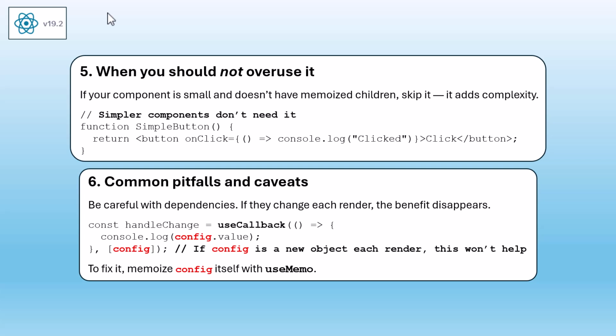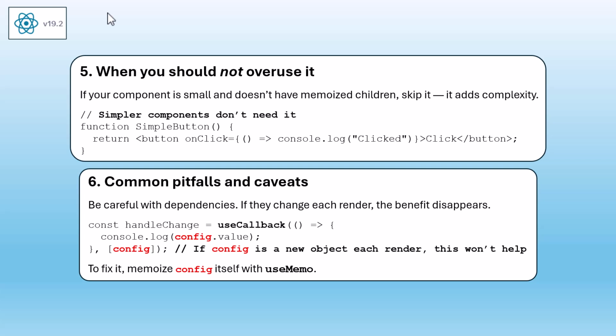Over-memoization can hurt readability and maintainability, and still may not provide gain if dependencies are constantly changing anyway. So the guiding rule: make sure that the performance bottleneck is real, e.g., profiling shows a slow child render or effect, before introducing hooks like useCallback. If everything is running fine, you may defer this optimization.